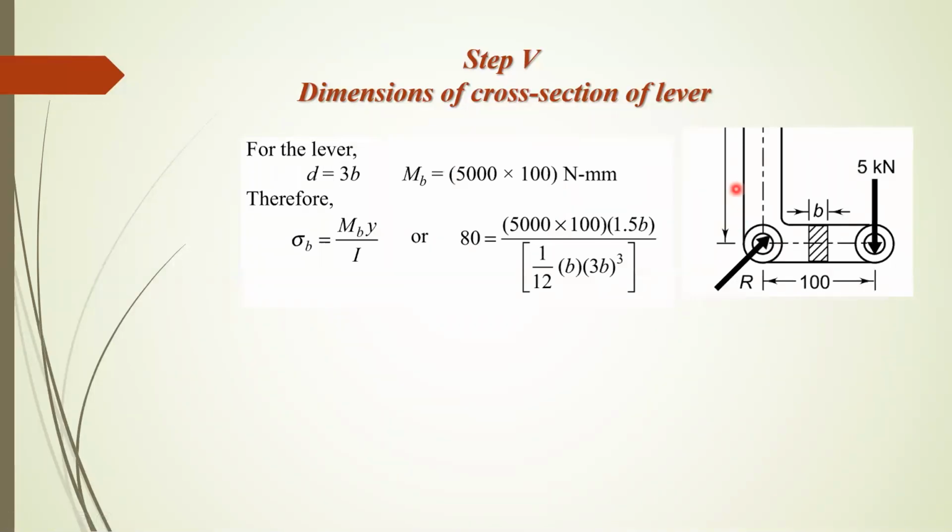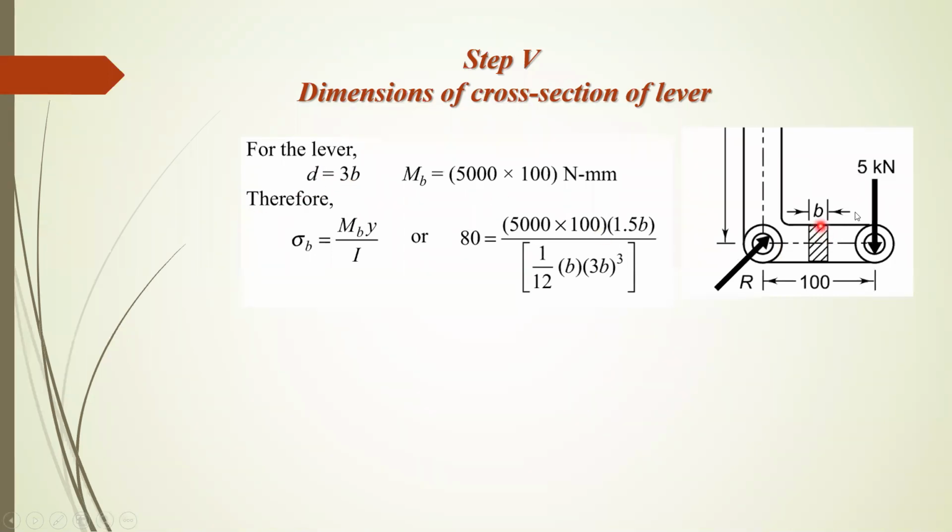So how to calculate the bending stress here? Sigma B, the bending stress, is given by the simple equation, bending moment times y divided by I. It is given in the problem that the width of the lever is 3 times the thickness. That is mentioned in the problem. So d is equal to 3b.